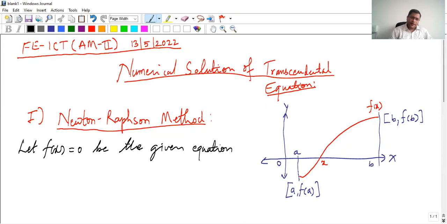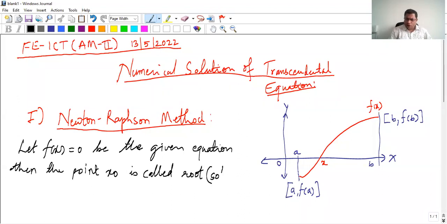Then the point x0 is a root or solution if f of x0 is equal to 0.